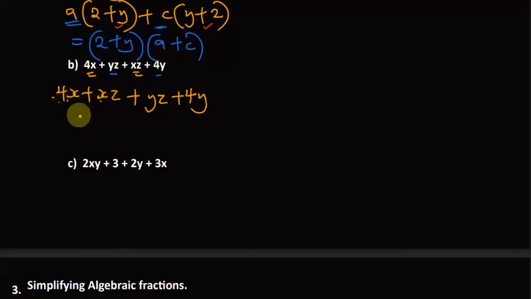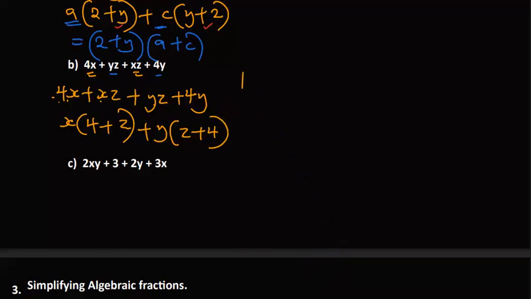X is found on both. It will be x into bracket, 4 is remaining, then plus z, the first part. Then plus the second part. What is common? Y is common. So plus y into bracket, z is remaining, then plus 4. That is what we are having.